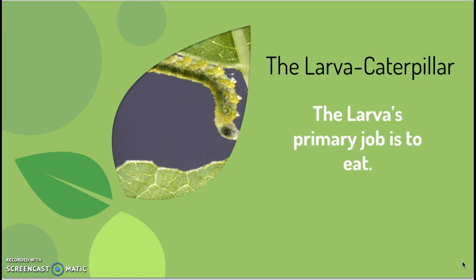They stay relatively close to home and often eat the very plant that they were laid upon. They almost exclusively rely on plants as their primary source of food, and as they continue to feed, they will continue to grow and develop and shed their skin 4 or 5 times before reaching their largest size prior to the next part of the transformation.